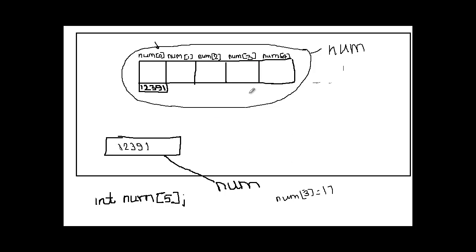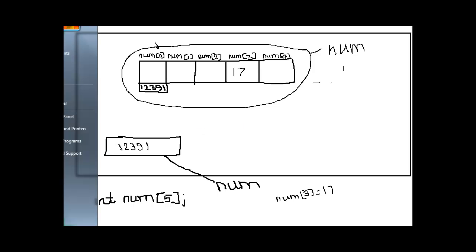So it will reach here and place 17. Okay, so this is all about the theoretical part of the array. Now we will make a program to see how arrays are actually handled.